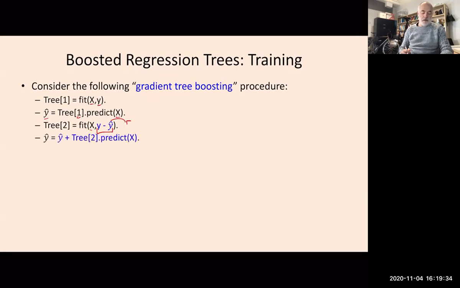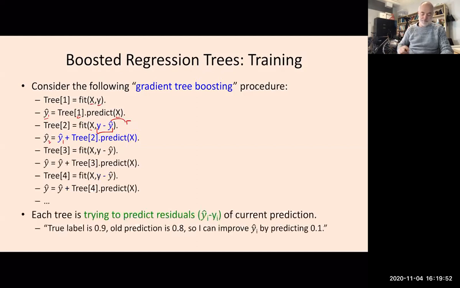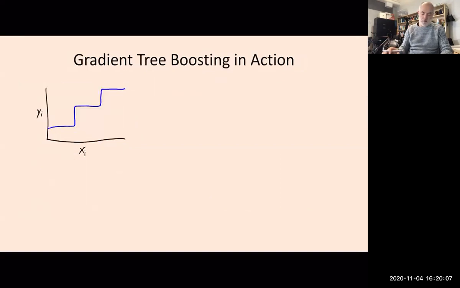Then your second predictor is formed by predicting using the first tree and then adding the prediction of the second tree, and so on and so forth. So each tree is trained to predict the residuals of the current prediction. For example, the true label is 0.9, the old prediction was 0.8, so I can improve y hat_i by predicting 0.1.